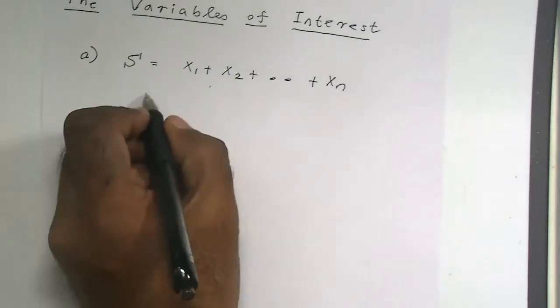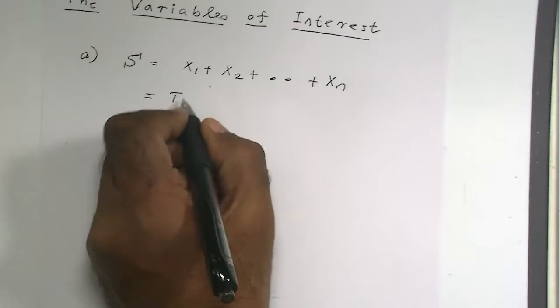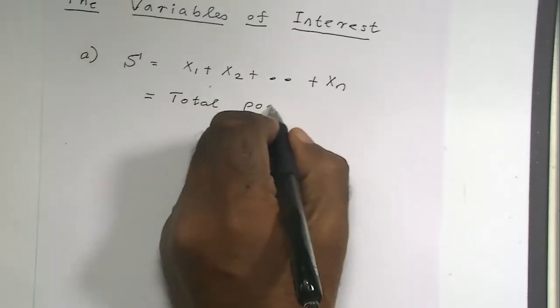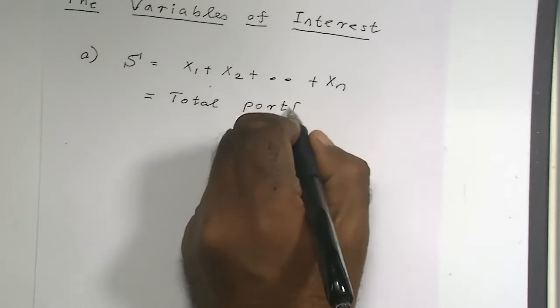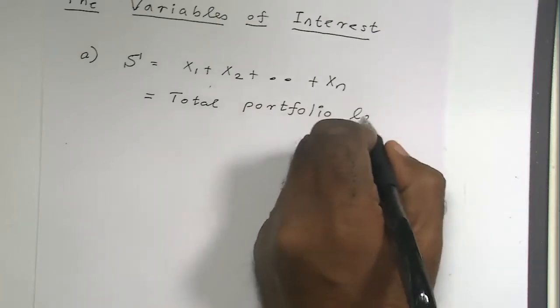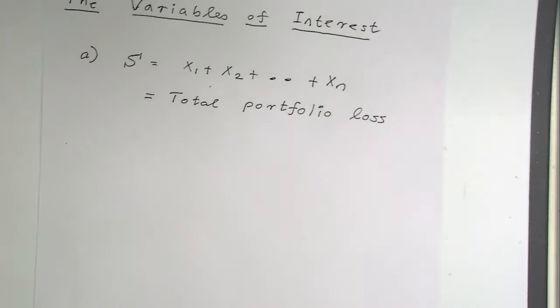This is known as the total portfolio loss, right? Remember, x1 to xn are the losses on the n investments, right? So if you sum them, you get the total portfolio loss, right? Okay.